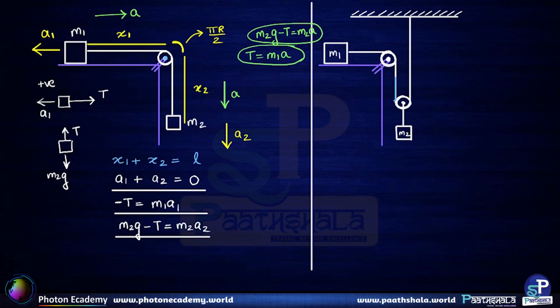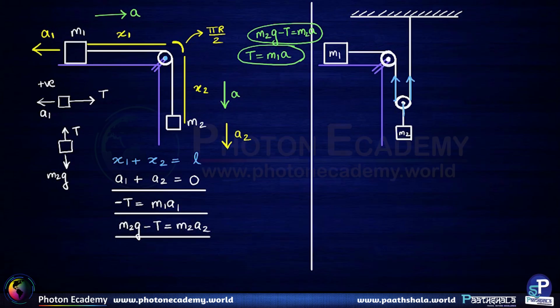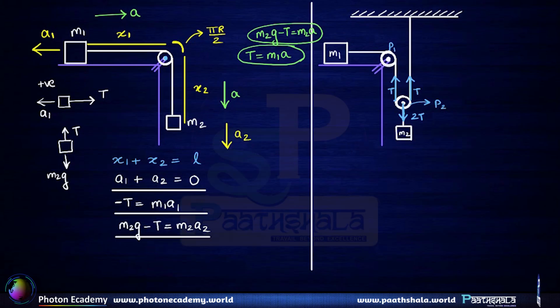Let us say if the tension in this string is T and the tension in this string is also T, then in that case the tension in the string that attaches m2 happens to be equal to 2T. The reason is because the movable pulley P2, this is the fixed pulley P1, let us say the movable pulley P2 is massless, so the net force on pulley P2 happens to be 0. So tension pulls on object, so on m2 it is going to pull in the upward direction.